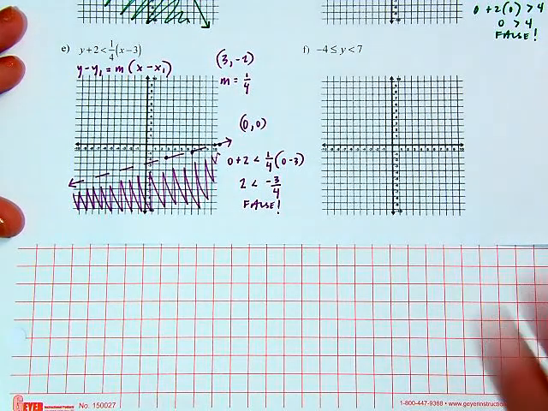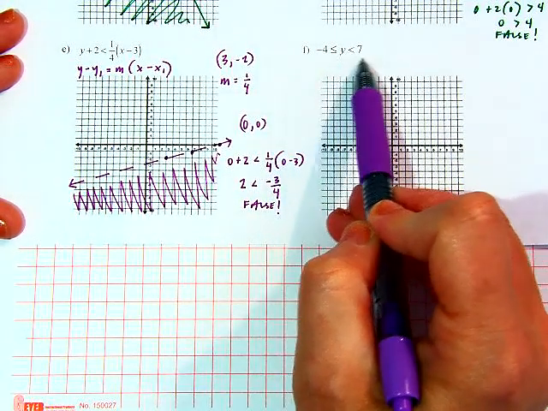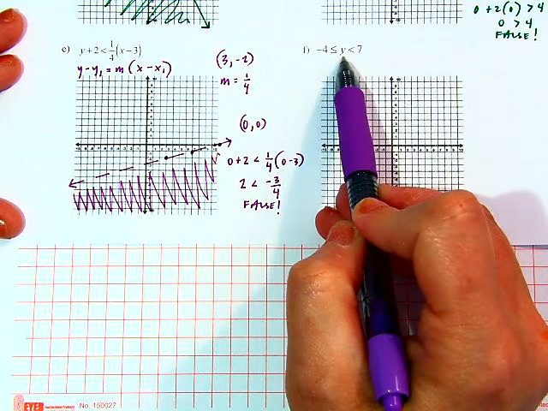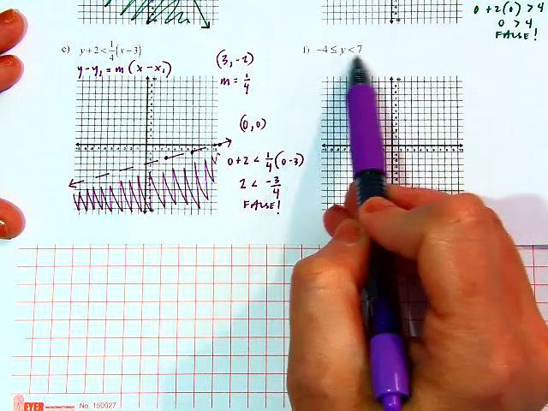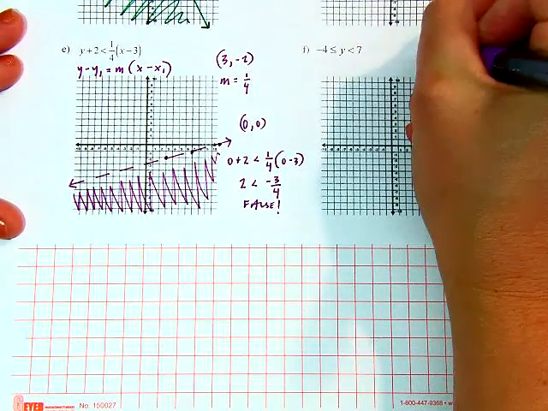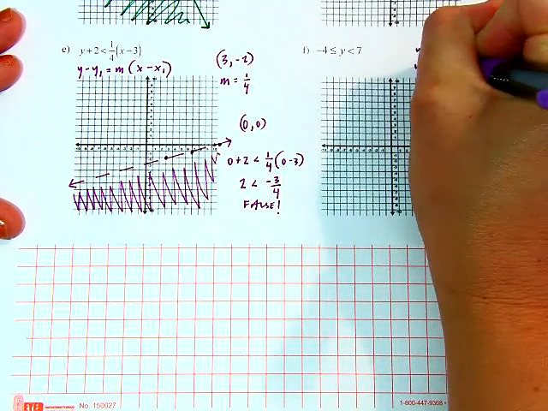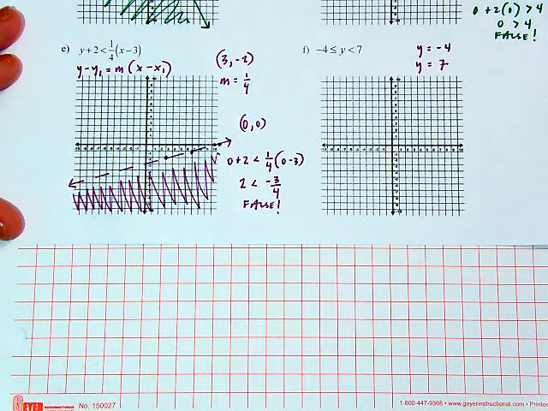Okay, one last one. Here I have y sandwiched between these two numbers. I only see a y. So this is essentially 2 horizontal lines. I'm looking at a horizontal line at y equals negative 4 and at y equals positive 7.